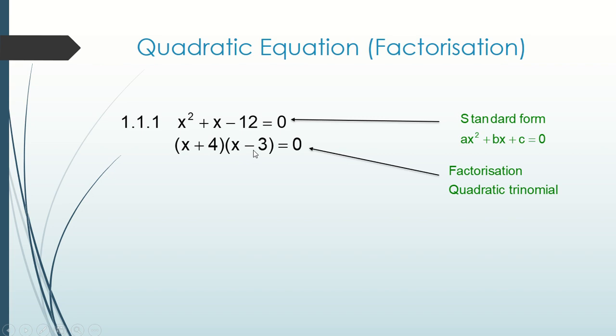Positive multiplied by negative will give you negative. And positive 4 minus 3 will give you 1, which is the coefficient of the middle term. Then you will find your two solutions, x equals 4 and x equals minus 3.